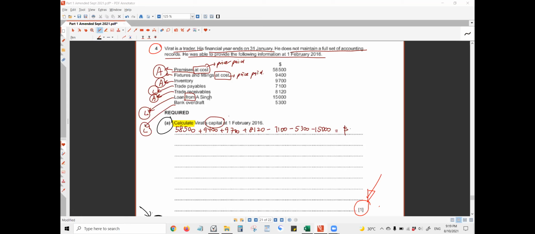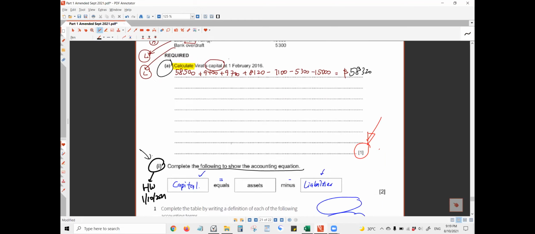Okay, correct. 58320. Okay, now next one. Simple question, but a different way of presentation from the examiner. So don't worry about the extra space, just like what I mentioned.